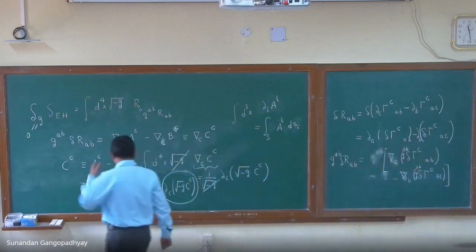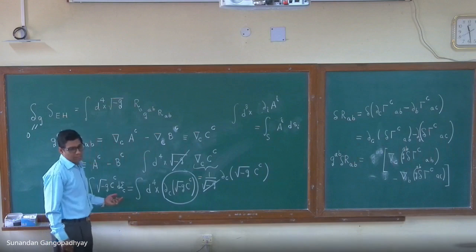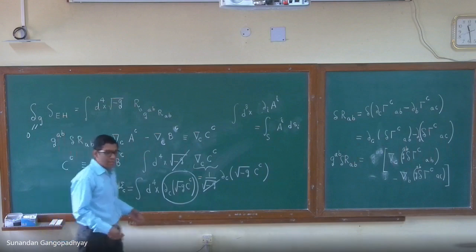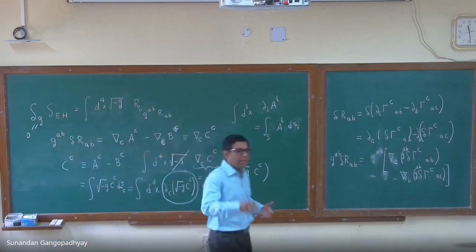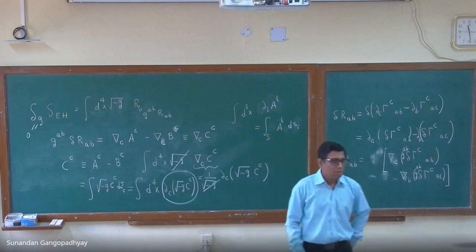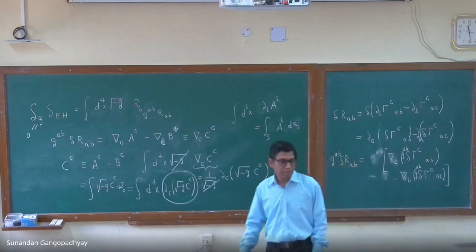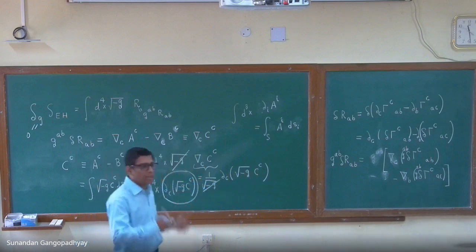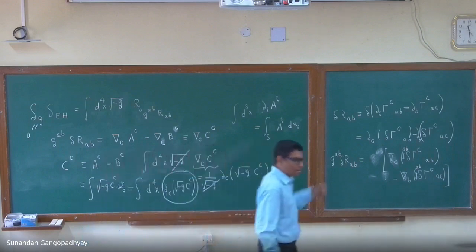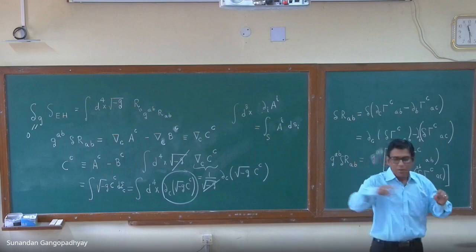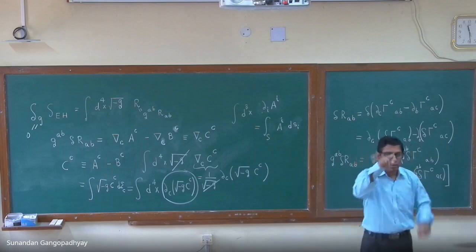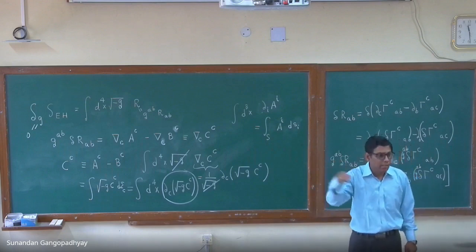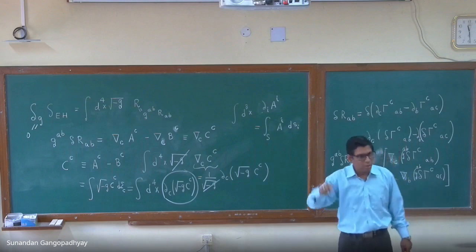The problem is that there is a boundary term. Unless you make the boundary term 0, you cannot get the equations of motion. That is what happens in ordinary classical mechanics also. You start from some Lagrangian, S is equal to integral L dt, and vary it with respect to the coordinates.